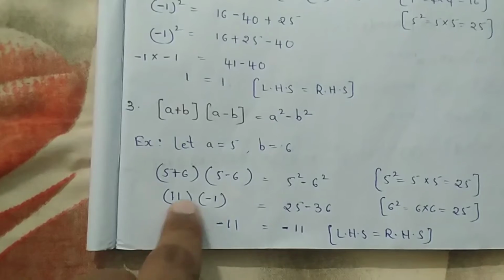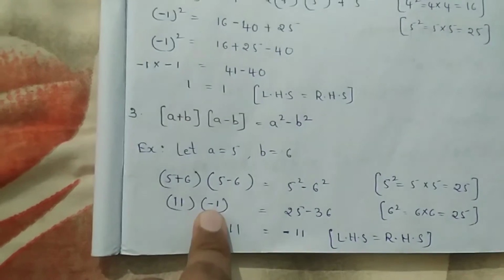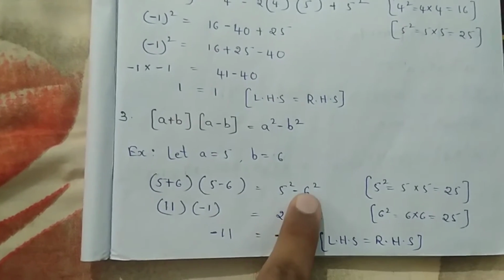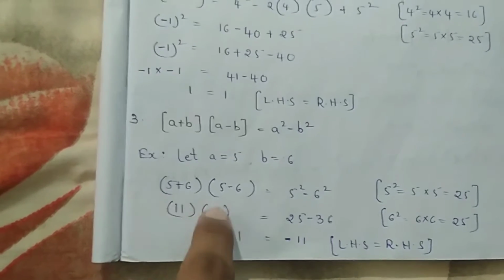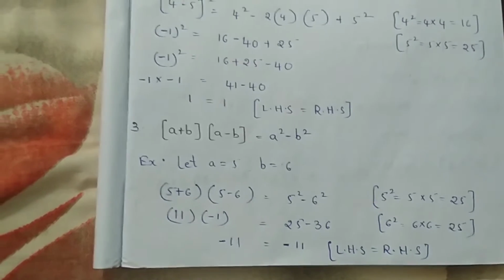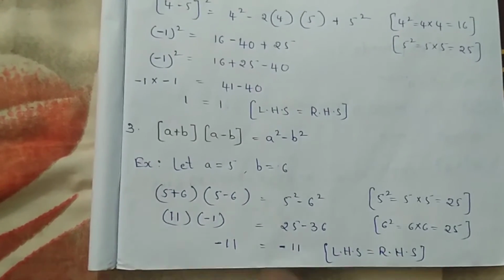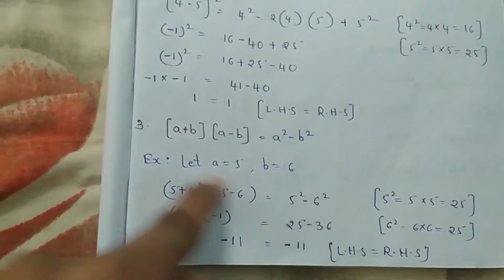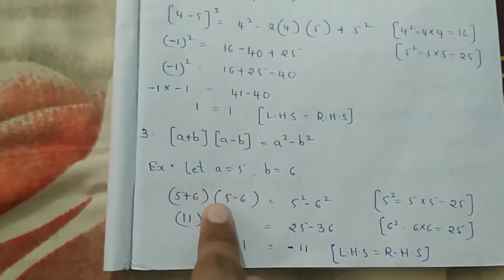See, 5 + 6 is 11, 5 − 6 is −1. 11 into −1 is −11. 25 − 36 is −11. LHS is equal to RHS. So the given identity is true.